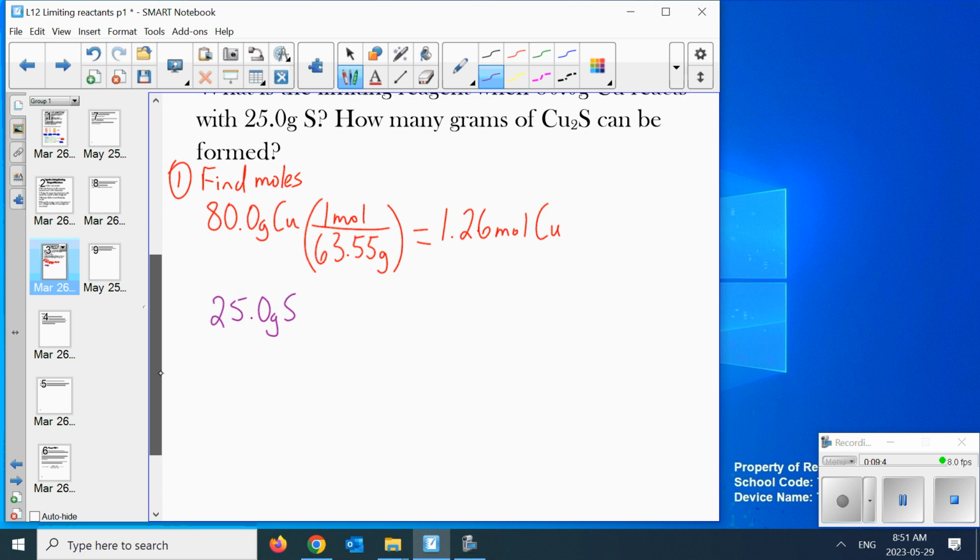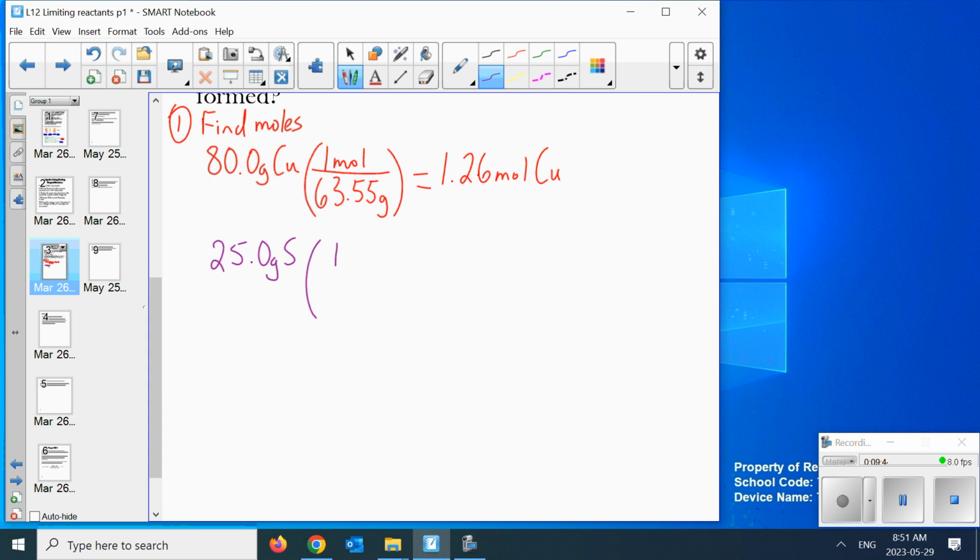So we're using S because that's single S. 1 mole is 32.07. 25 divided by 32.07 is 0.780.